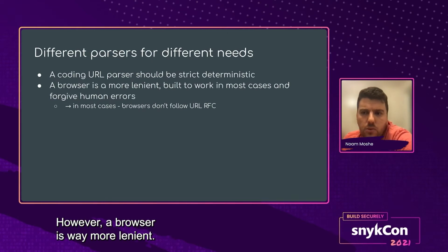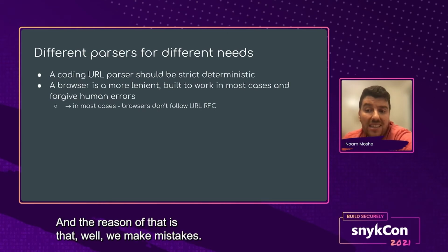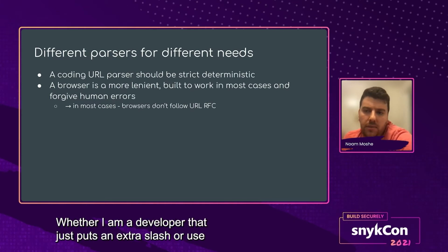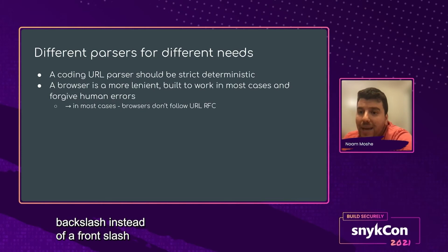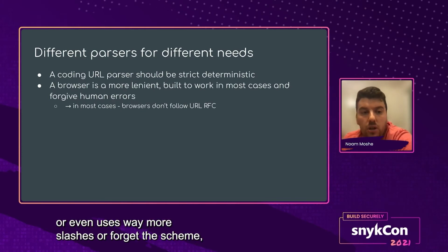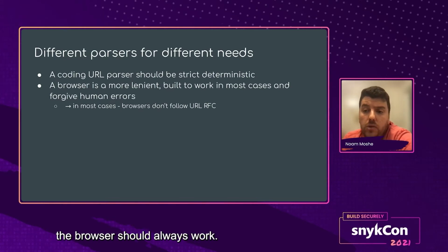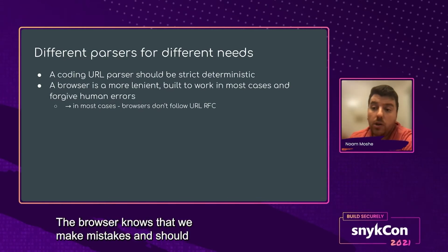However, a browser is way more lenient, and the reason is that, well, we make mistakes. Whether I am a developer who just puts an extra slash, or uses a backslash instead of a forward slash, or even uses way more slashes or forgets the scheme, the browser should always work. The browser knows that we make mistakes, and it should work in more cases.